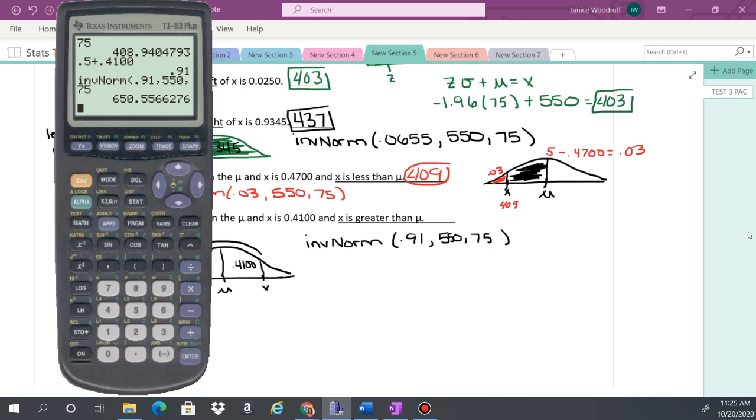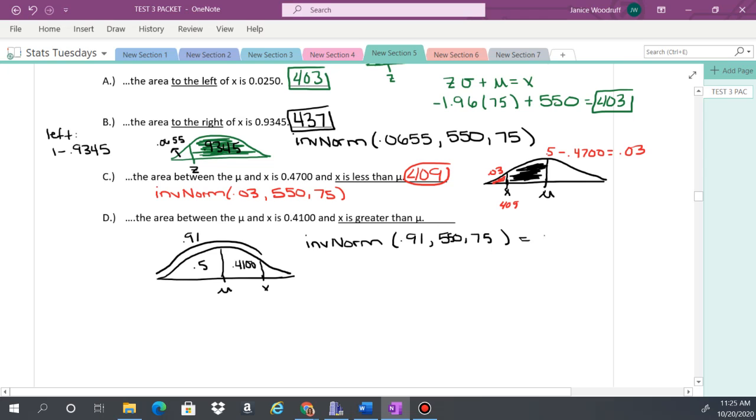So 651. Okay, what does that mean? That's the score right here. That's the 91st percentile, or scored higher than 91% of people taking the test, or top 9%, if you looked at it from that context, 651.